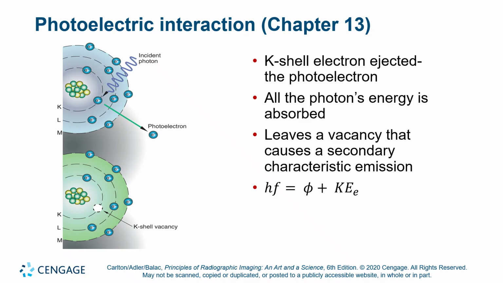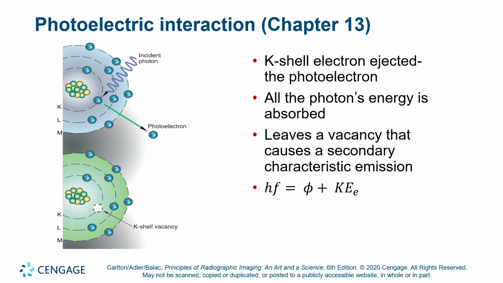If it's the right magnitude, it will issue another photon. Okay? And so an outer shell electron descending to a lower energy state creates a characteristic photon.